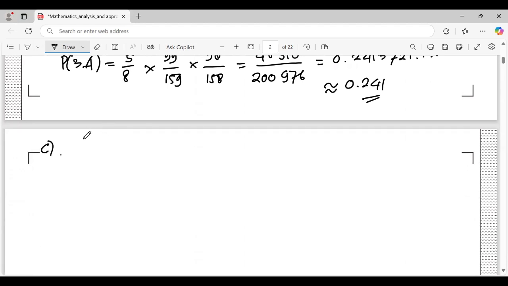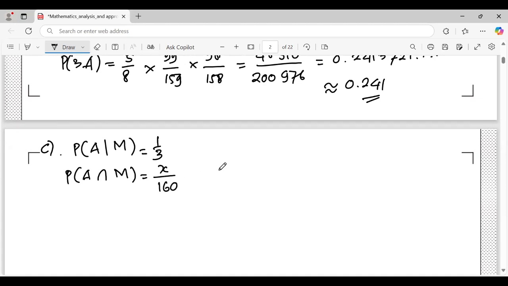So the conditional probability of A given M is 1/3 according to the information. There are x adults who prefer milk chocolate. So the probability of A intersection M is x over 160.